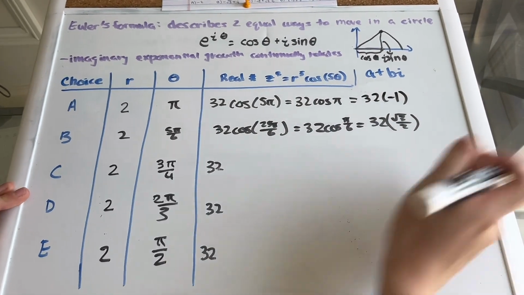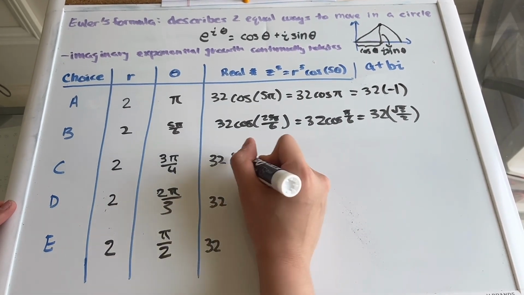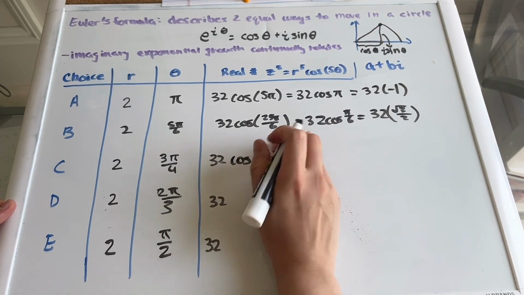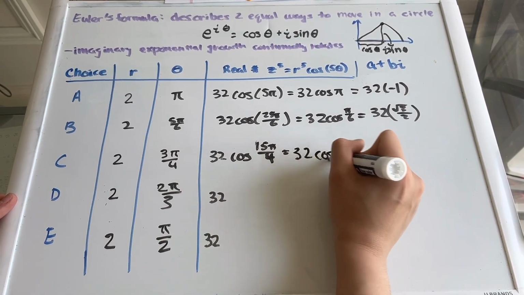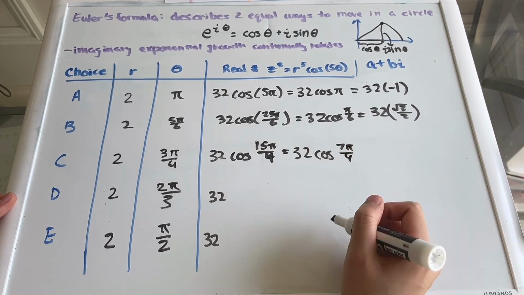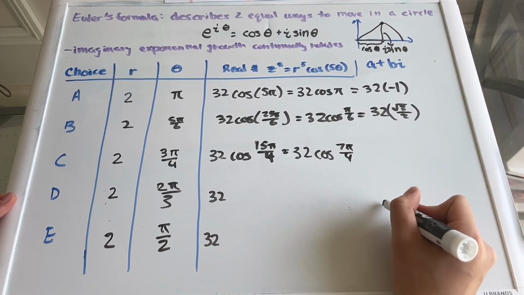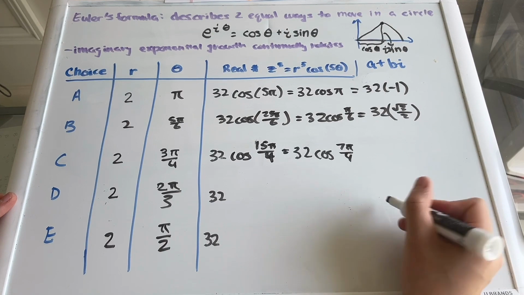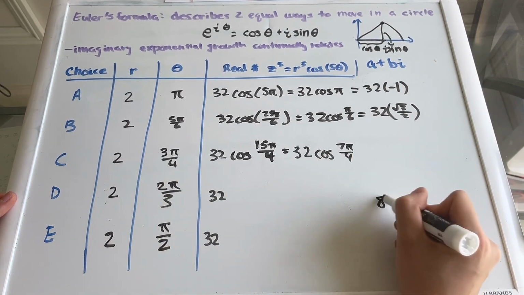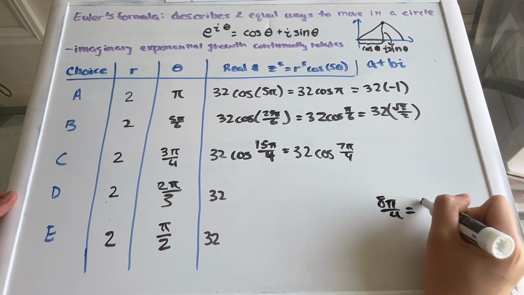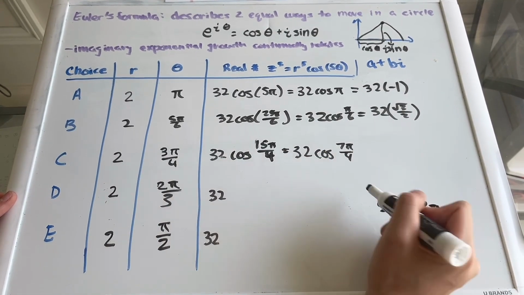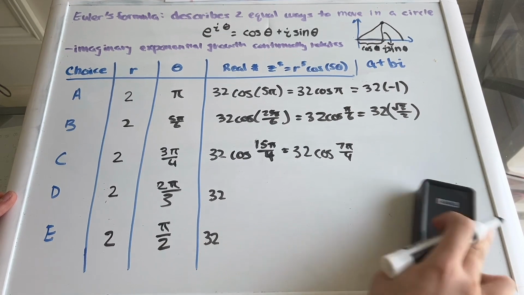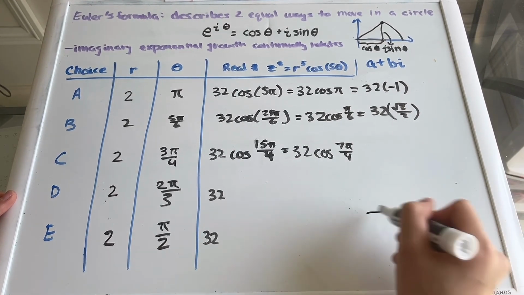Now, this is going to be the same concept for the rest of these. So this is going to be 32 times cosine of 7 pi over 4. 4 times 2 is 8, so one circle around would be 8 pi over 4, which equals 2 pi. So subtract that from the original one and you get 7 pi over 4.